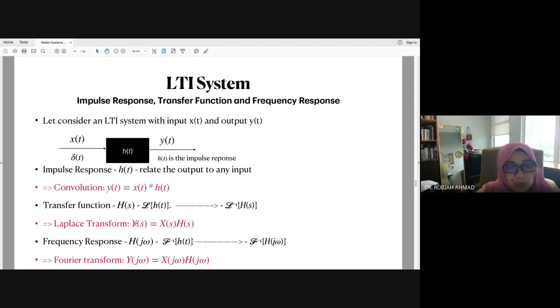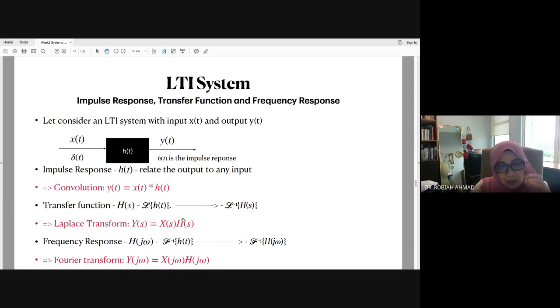We have the Laplace transform of the output, the notation inside is always s. So Y(s) equals H(s) X(s). So the linearity concept here: whatever the input times the impulse response, or in this case we call it the transfer function.